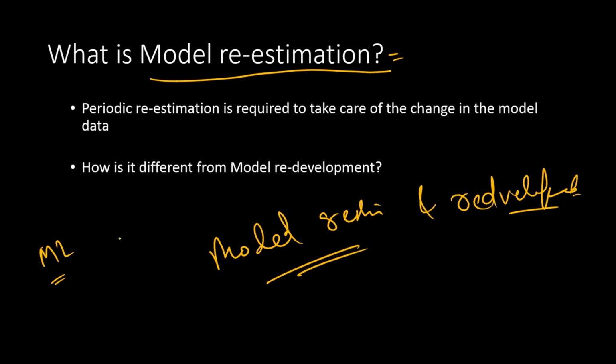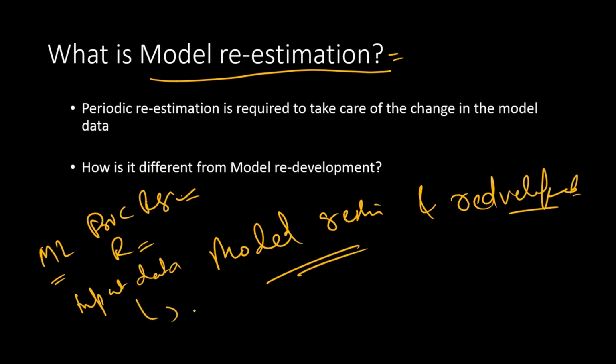You are simply running your proc regression in SAS or your R code for regression again. The input data is different, but the same number of input variables, or the same variables.